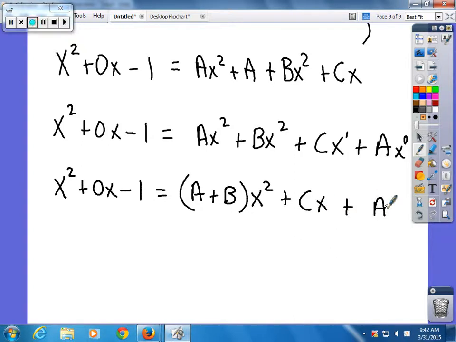Therefore, 1 is equal to a plus b. 0 is equal to c. And negative 1 is equal to a. So all we've got to do is take that negative 1, plug it in here, and b is equal to what?